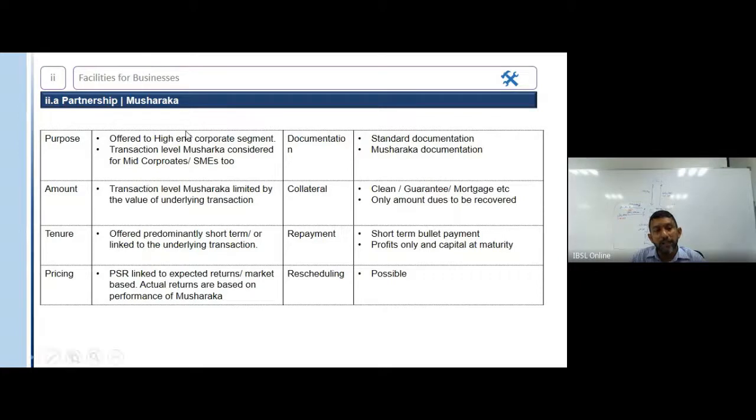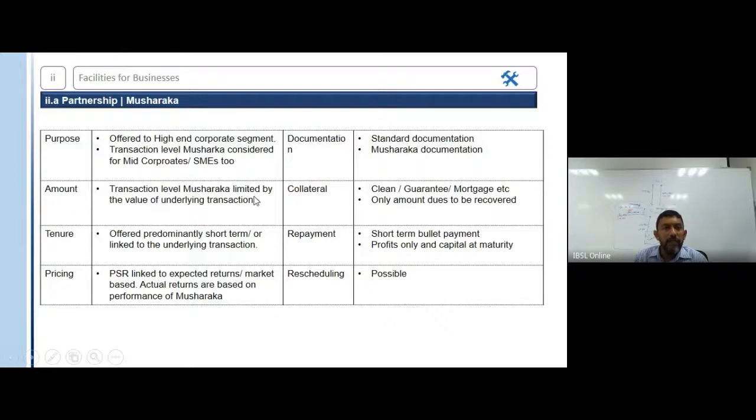We will discuss a little more when we look at the risks under this transaction, but the purpose is for business, other than one variation of Musharaka, called diminishing Musharaka, which is used for housing, which we will discuss if we have time. Most Musharaka is for business purposes.